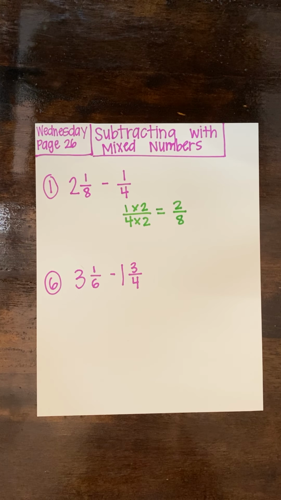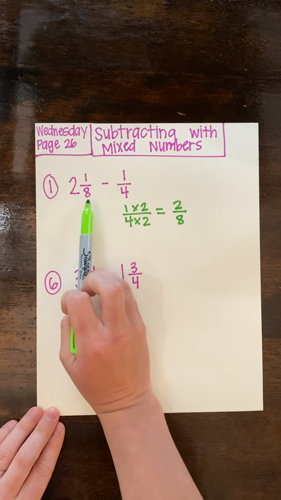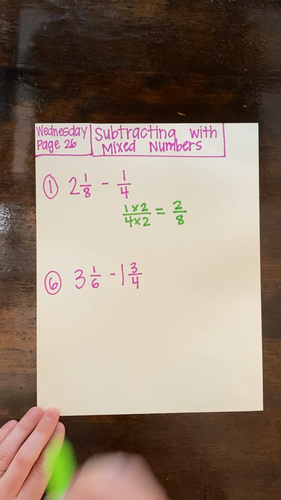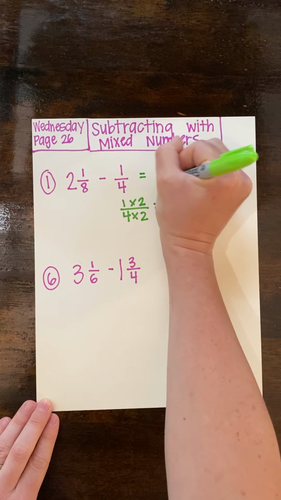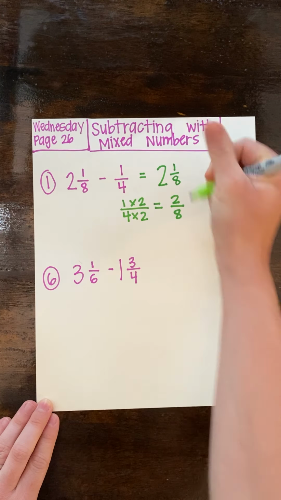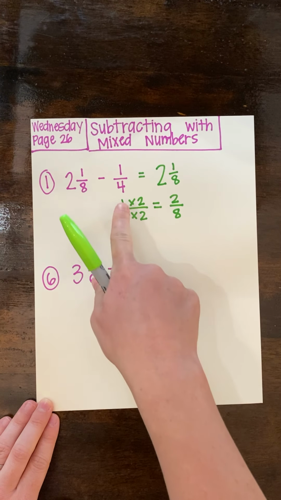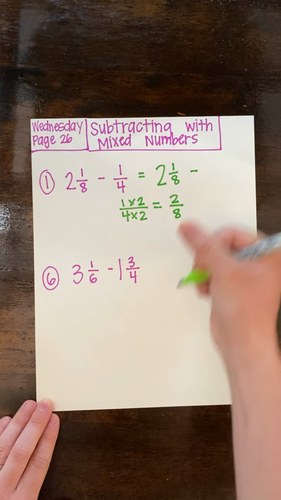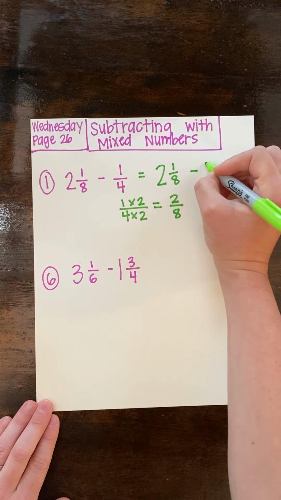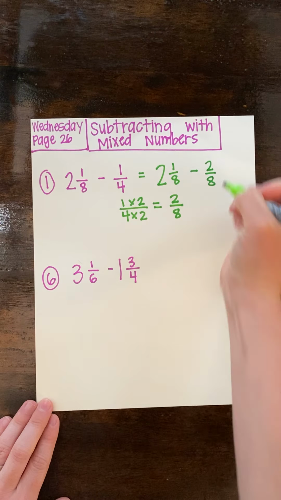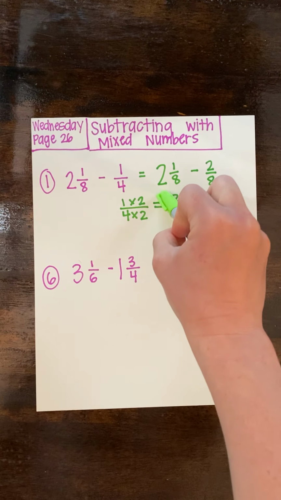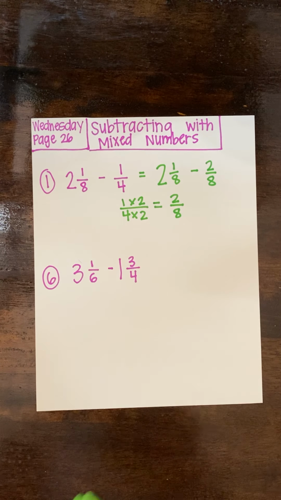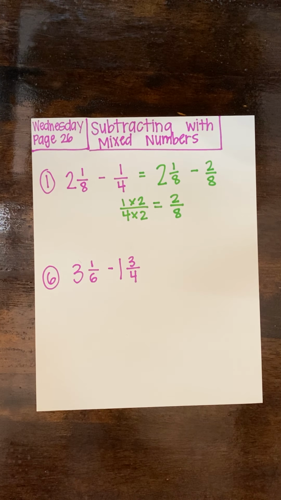So I have 2 1/8 minus 1/4. I'm going to rewrite that problem just like that. So 2 1/8, and I'm going to use my new fraction that's equivalent to 1/4. So I have 2 1/8 minus 2/8. So when we are adding fractions, we always start with our whole number and we go ahead and add those whole numbers up and put them over to the side.